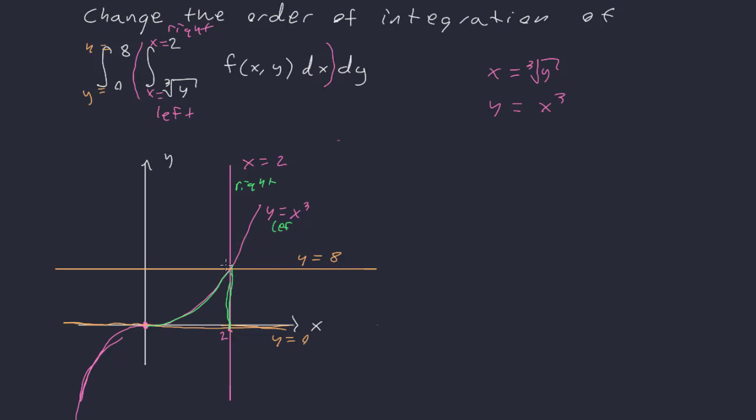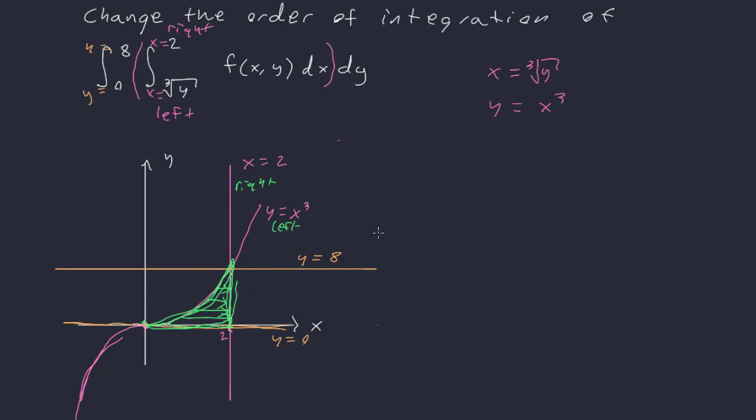So we can't have this area up here because it would be swapped, and we're past 0 and 8 in the y. And we can't go down here because we're past 0. So left to right, it looks like we have this funky little region here. It looks kind of like a triangle, but actually it's this little guy here. So now that's how we oriented it left to right.